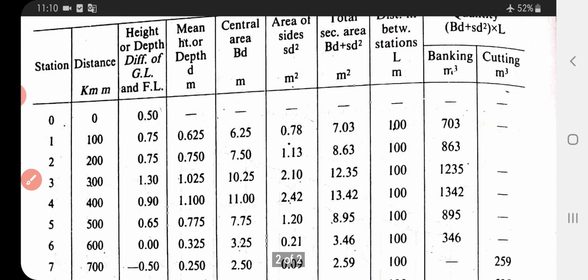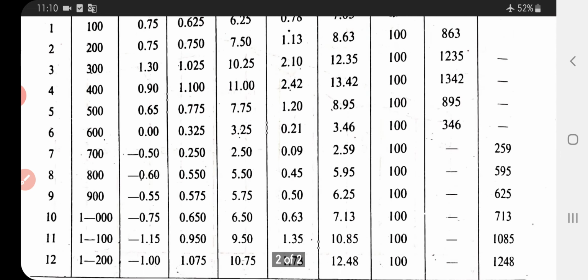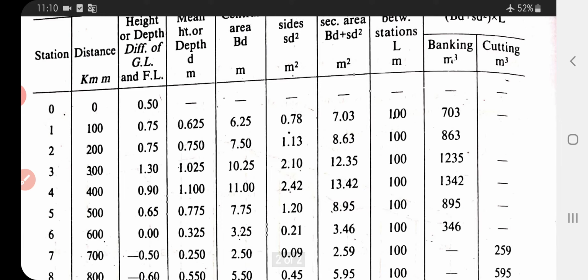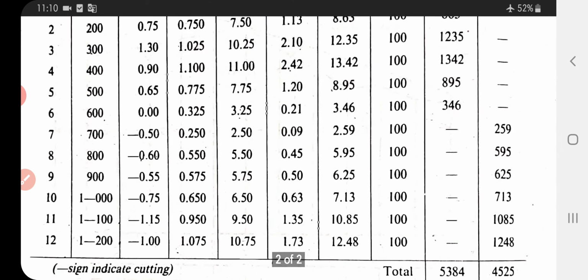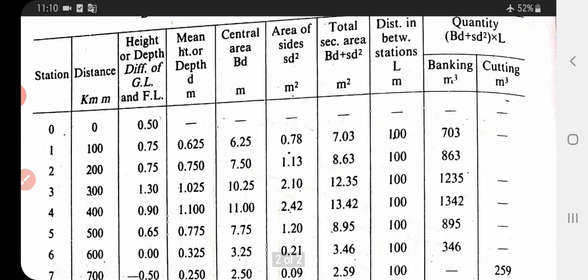Now as we draw this table, first of all stations 0 to 12, there are 12 stations, distances in meters from 0 to 1200. As per our previous question, it is the same as your previous one. In the third column we take the height or depth, the difference of ground level and formation level.